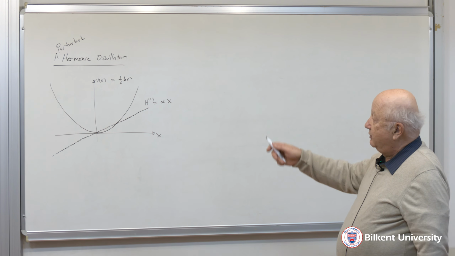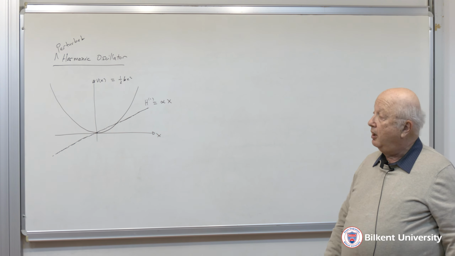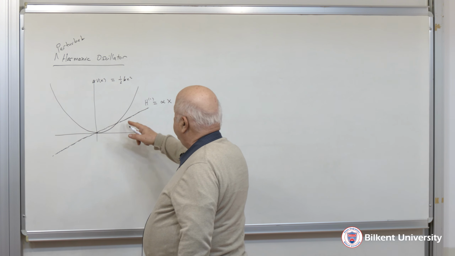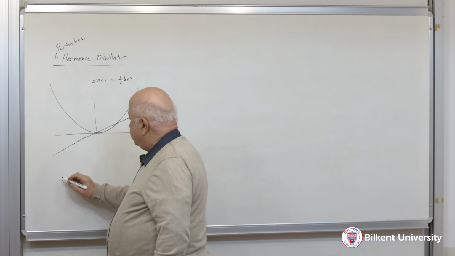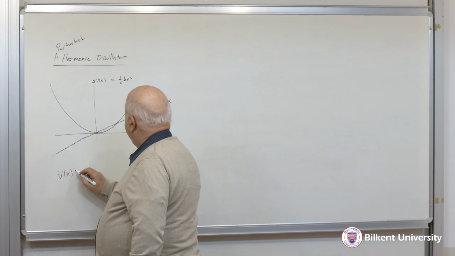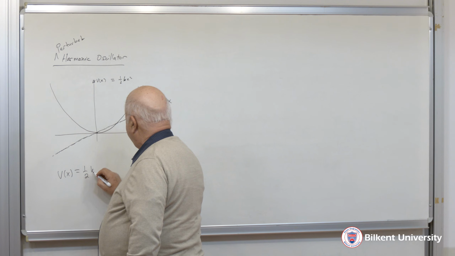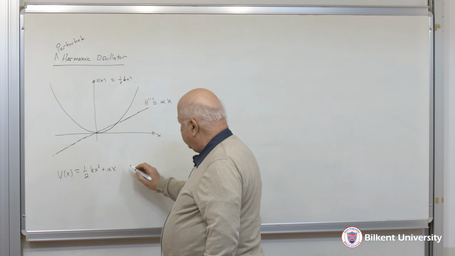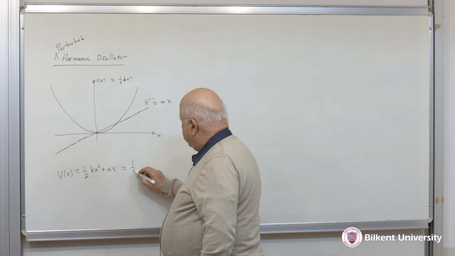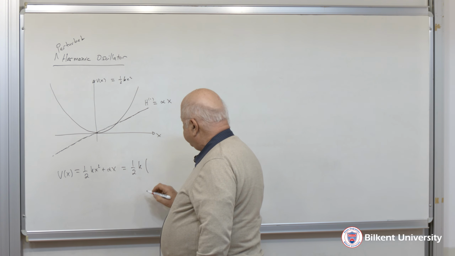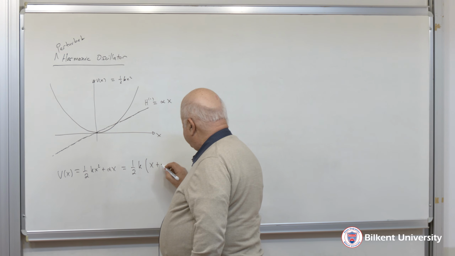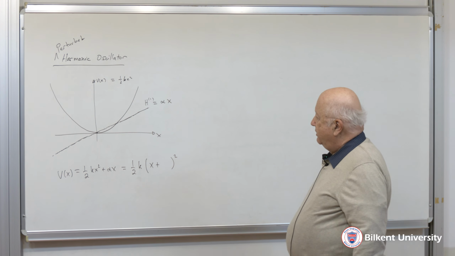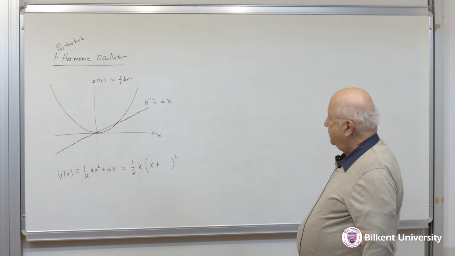But what happens now? This is a problem which we can obviously solve exactly, right? Because our potential V of x is now equal to 1 over 2 k x squared plus alpha x. But I can complete the square. So it's going to be 1 over 2 k, x plus something, squared, so that I get that alpha x. And what is that going to be?